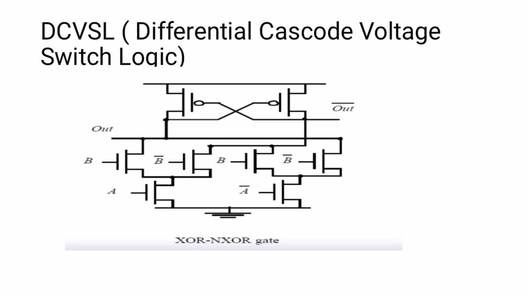When the opposite output rises, the other PMOS transistor turns off. So static power dissipation occurs here. To reduce that static power dissipation, we go to DCVSL logic. I hope you understand that. To implement DCVSL, we have two pull down networks with cross coupled PMOS transistors.